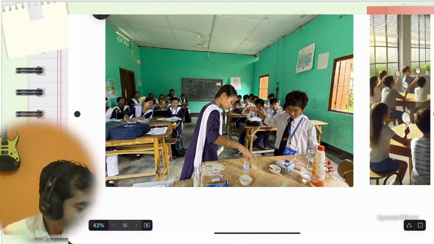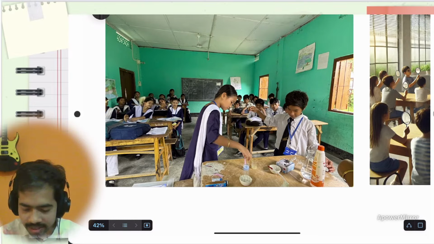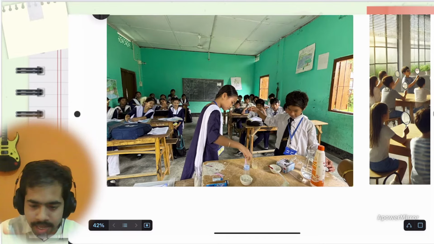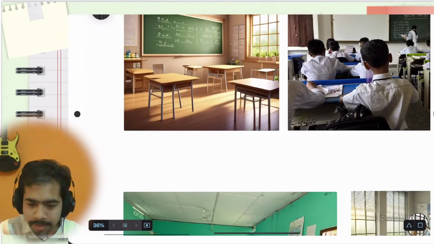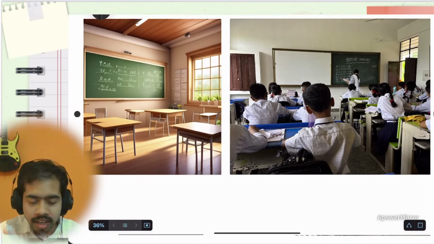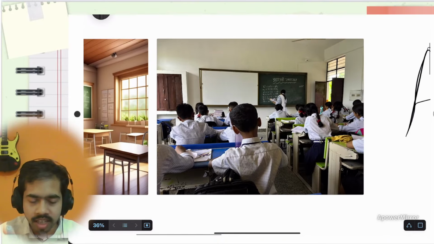Yeah, good evening, everyone. So in the screen you can see this is a classroom type B and this is a classroom type A. So in which type of class you would like to visit?